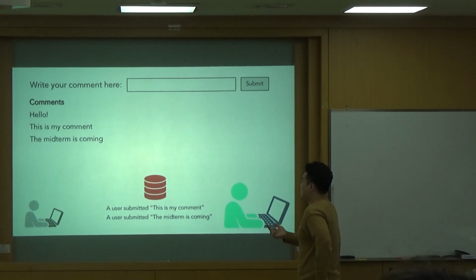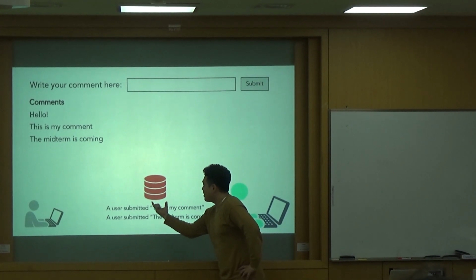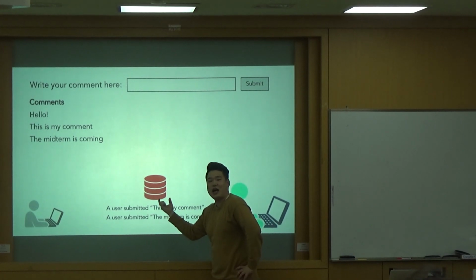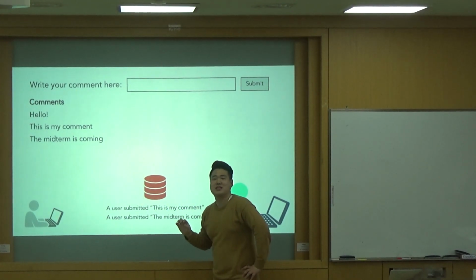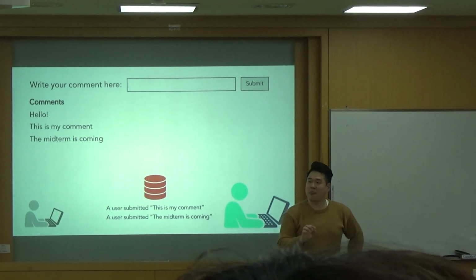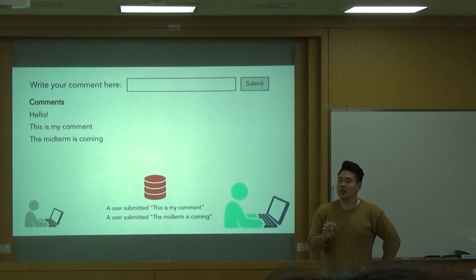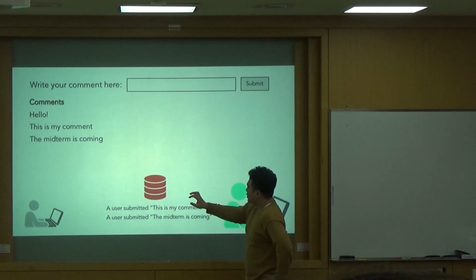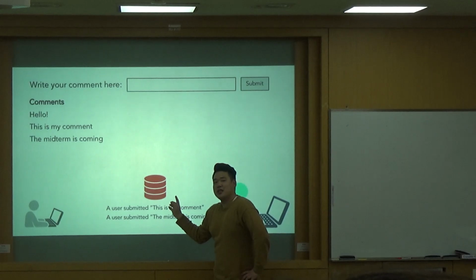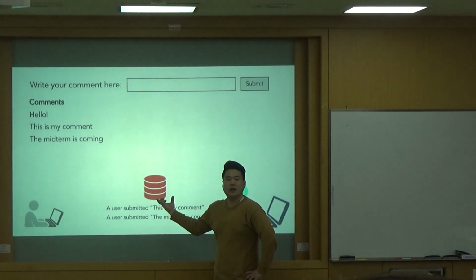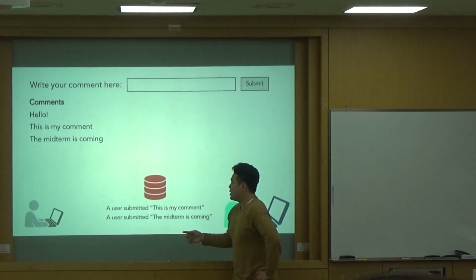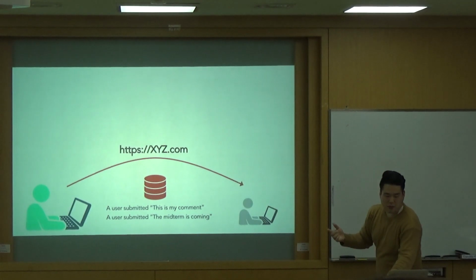Okay. So here the problem is, how do we set up these database systems? Here we call it database, but it should be like a computer. What I mean is, think about this operation.